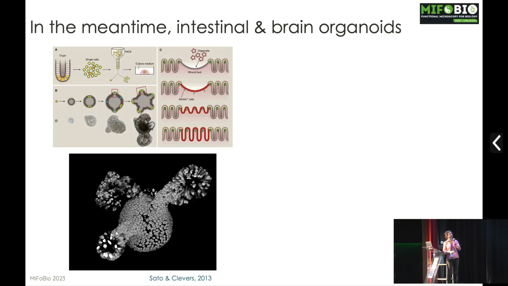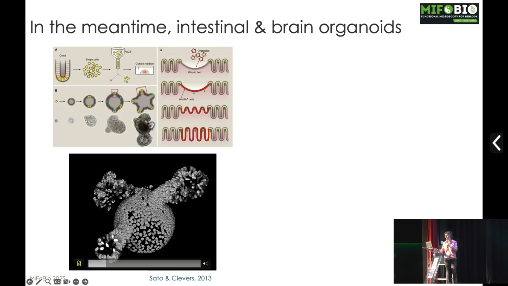So here the very first proof of concept was collecting the crypts from mice, collecting the stem cells, sorting them, and then growing them in Matrigel, and those structures magically somehow self-organize into those weird shapes with buddings, and those buddings reflect very much the organization of a crypt. And here you see a nice movie of the developing organoid.